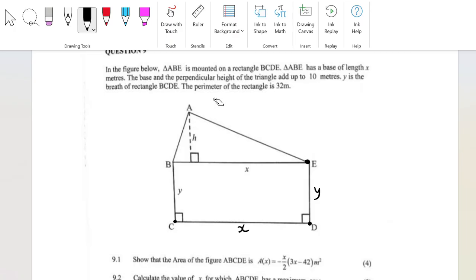And let's see. The base and the perpendicular height of the triangle add up to 10 meters. So where's the triangle? The triangle is here.